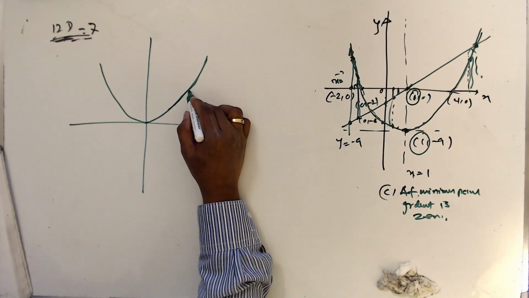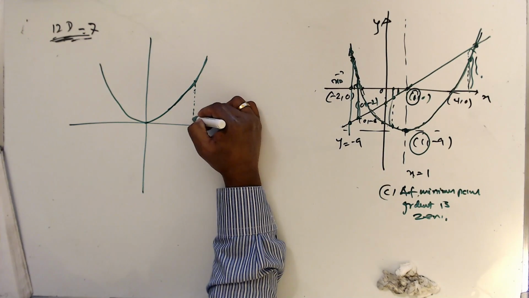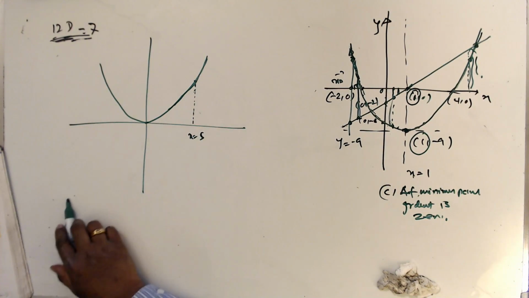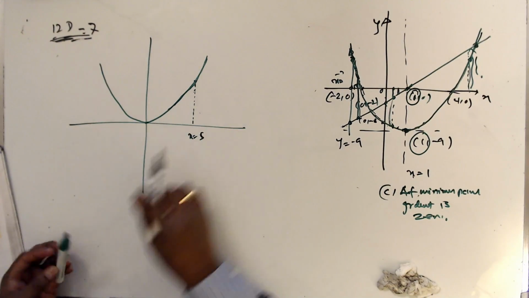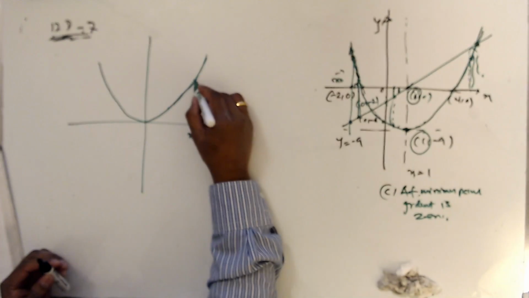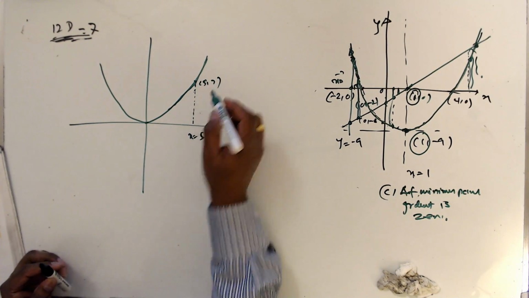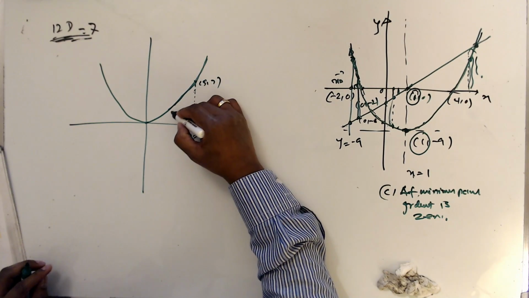You take this point, assume this point. What is this one? x equals 5. Then you draw the gradient. So assume this point has coordinates (5, 7), let's say.